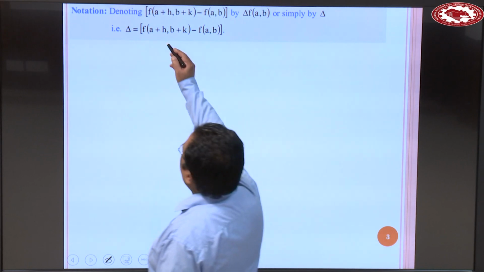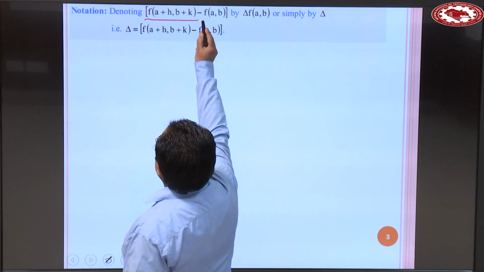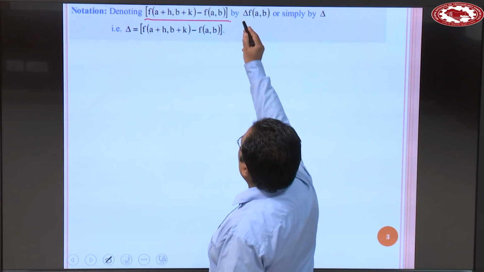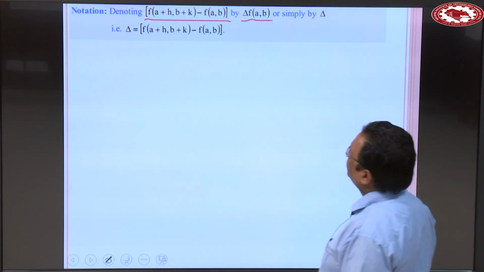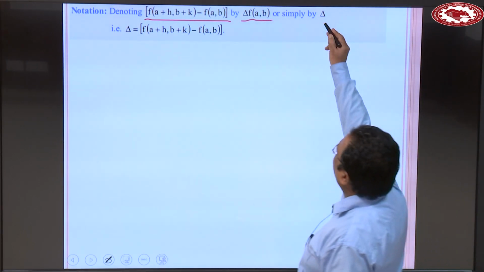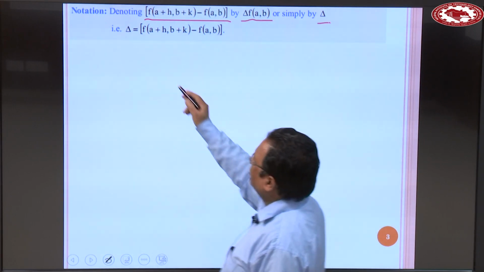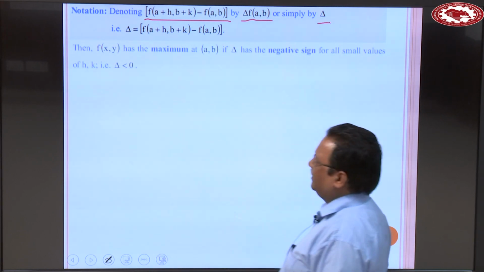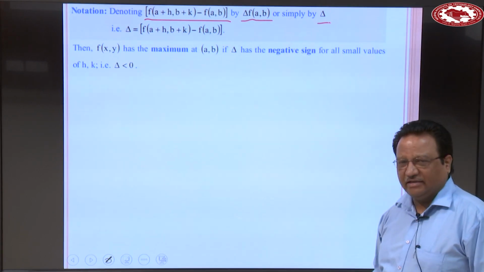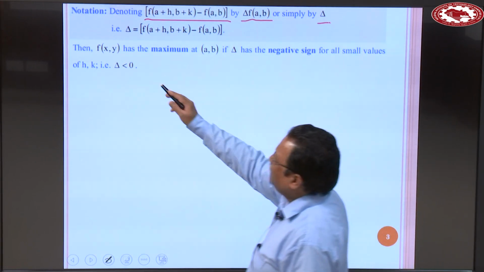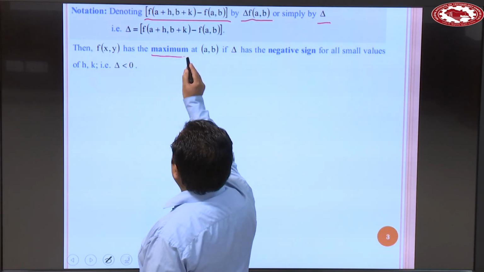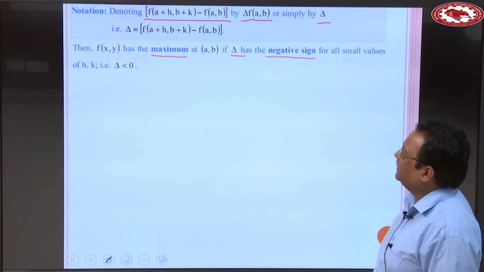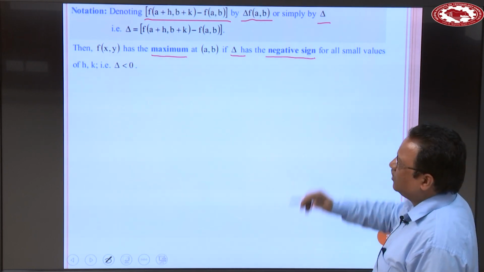Now, denote the expression f(a+h, b+k) - f(a, b) by delta f(a, b), or simply by delta. Then by the previous definitions, f(x, y) has a maximum at (a, b) if delta has negative sign for all small values of h and k.